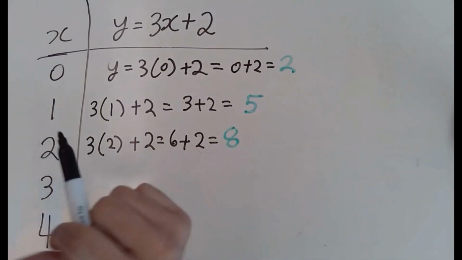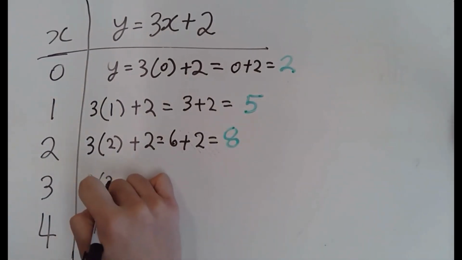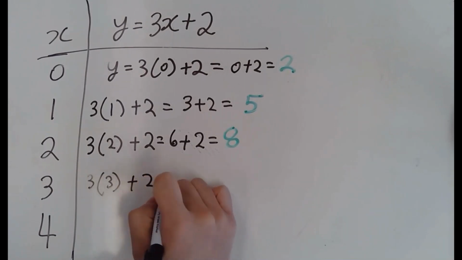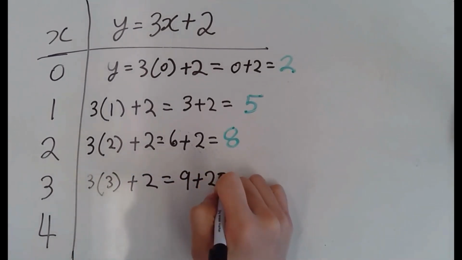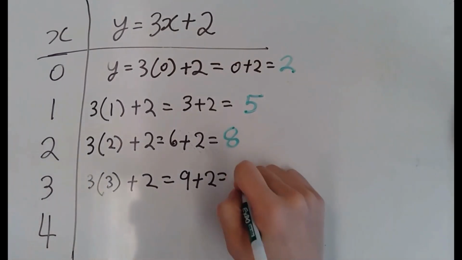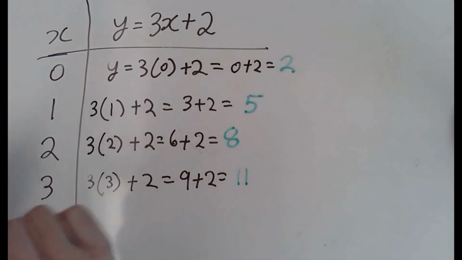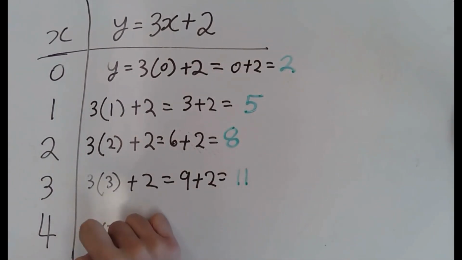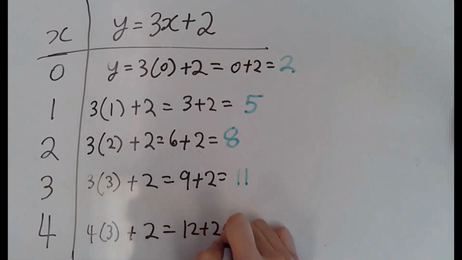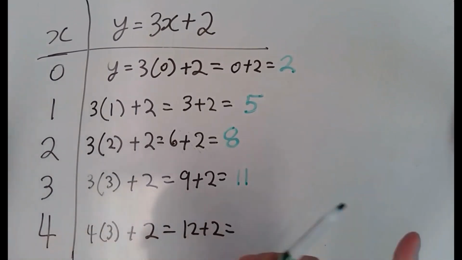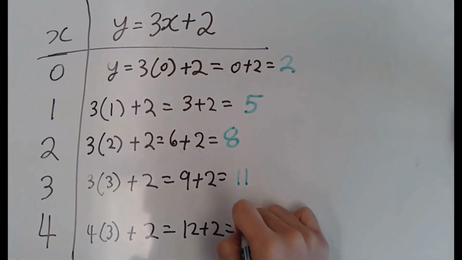And the next is 3 times 3 plus 2, which is 3 times 3 is 9, plus 2 is 11. And the last one is 3 times 4 plus 2, which is 12 plus 2, which is equal to 14.